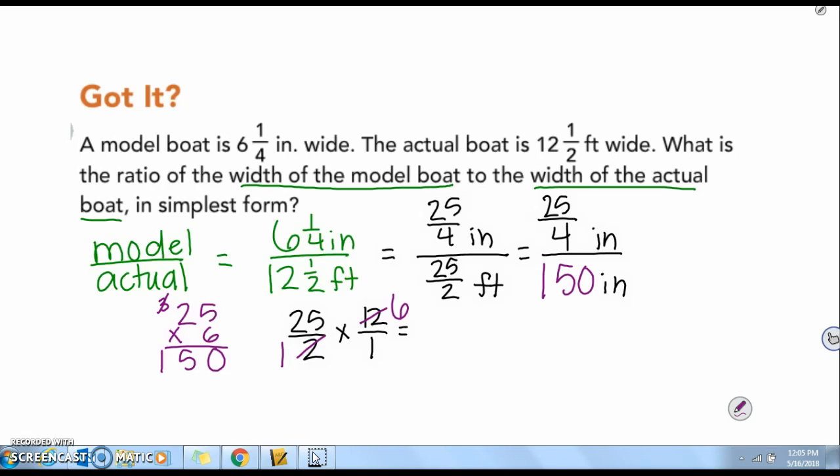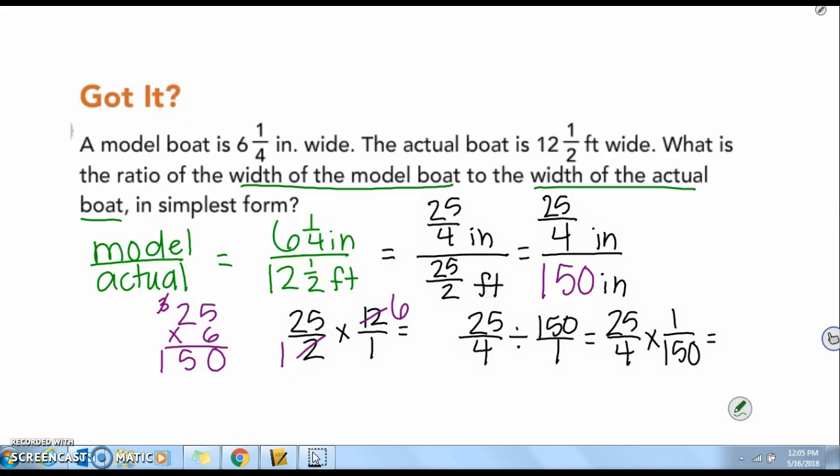Now we have a complex fraction, and in order to write it in simplest form, we have to divide. So that's 25 fourths divided by 150 over 1. Again, when we divide fractions, we multiply by the reciprocal. The reciprocal of 150 over 1 is 1 over 150.